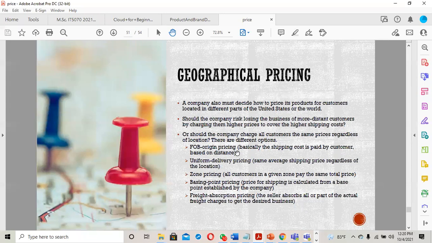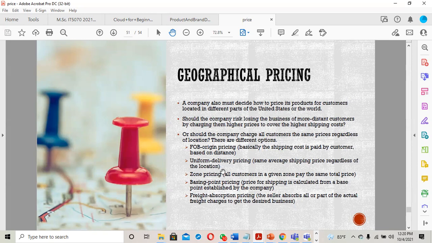For example, if I want to give a birthday present to my sister in Australia through Amazon, I have to pay for the transportation charges as well. Sometimes if you are sending a book, the book may be less expensive than the shipping cost.